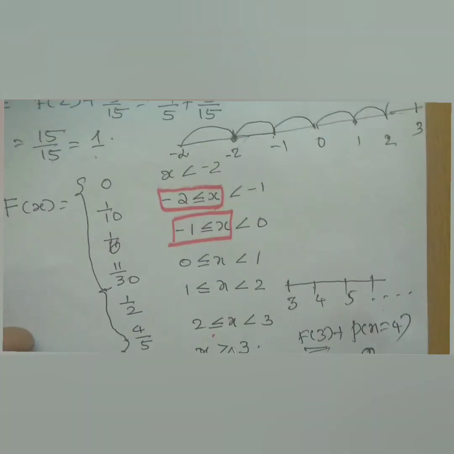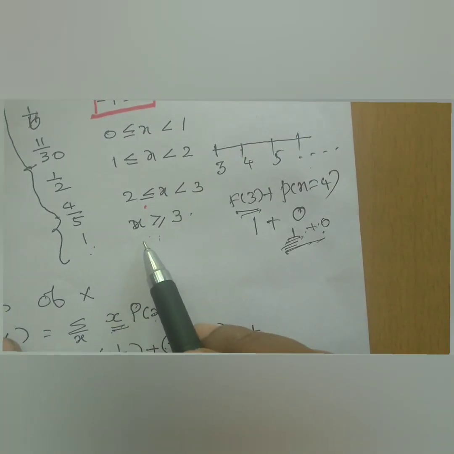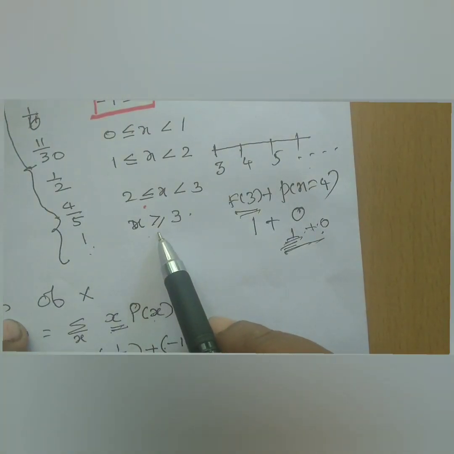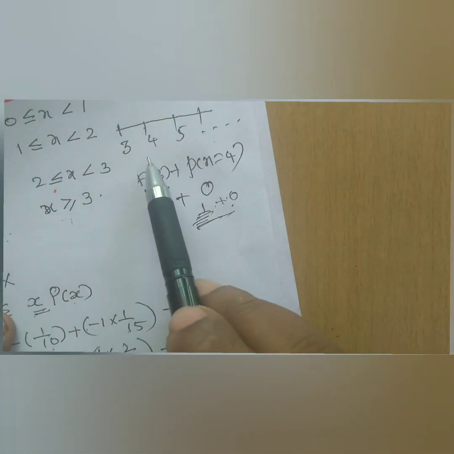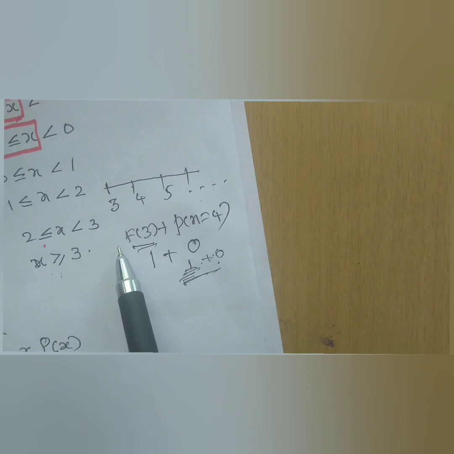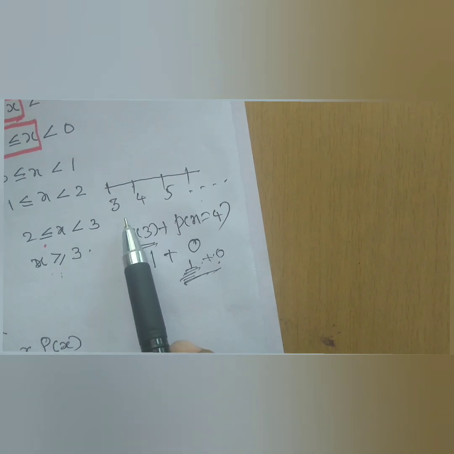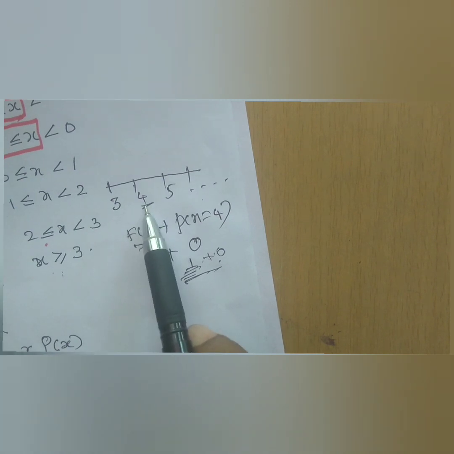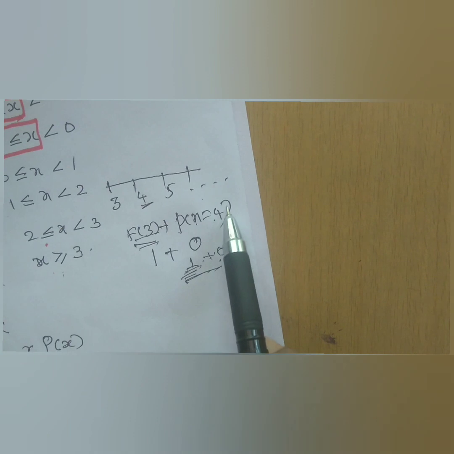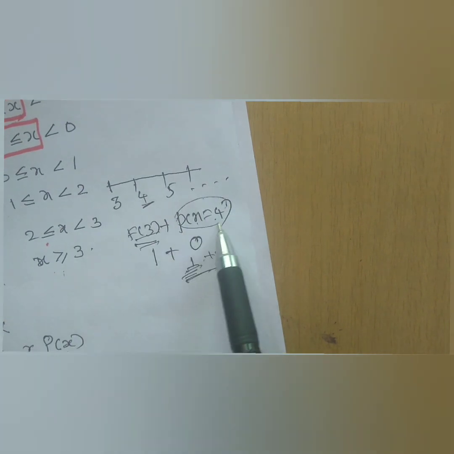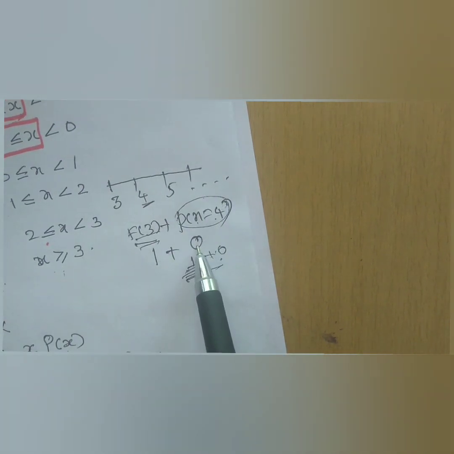So last one, don't take less than or equal to, because this value is x greater than or equal to, because for any value greater than 3, if you take this 4, what is 4? F of 3 plus probability of x is equal to 4. But x is equal to 4, probability is equal to 0.